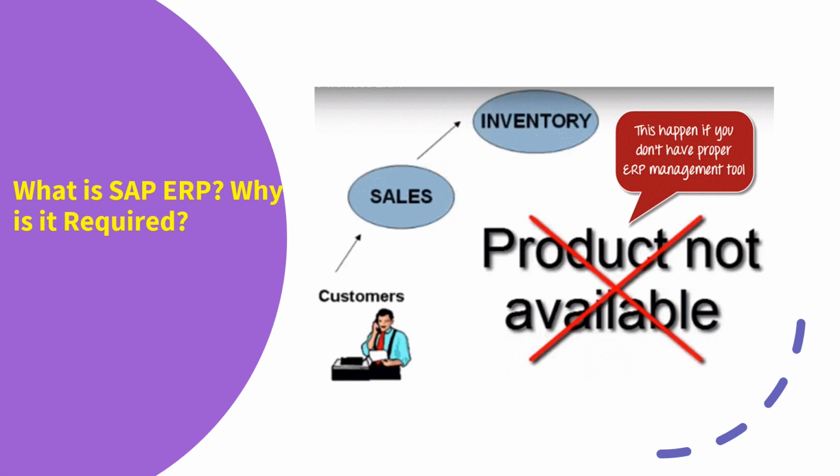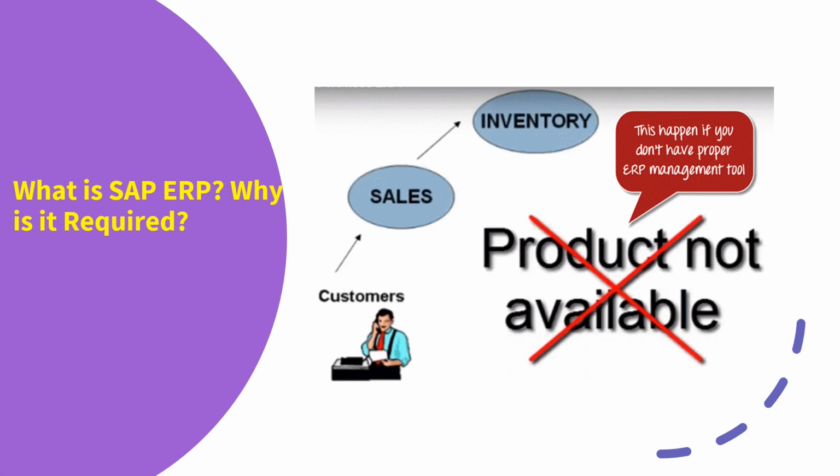So the next time the customer reaches the sales team, they will be dissatisfied, and a company does not want that kind of thing to happen again. That's why they need better resource planning, an enterprise resource planning.